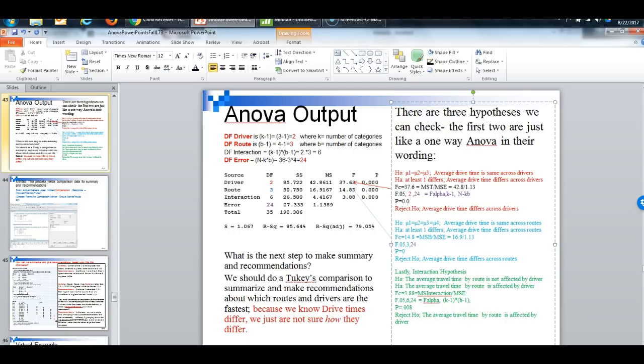And then the mean square error degrees of freedom are N minus K times B. So K minus 1 is 2 times 3 is 6. If you don't feel like memorizing this, although it is nice to have in case you need to know degrees of freedom at some point for some multiple choice question, I would think you could just look up here, 6 and 24 degrees of freedom in this hypothesis. 6 and 24, that's what you get credit for. You don't actually have to look it up in Google. P-value 0.08, reject. The average travel time by route is affected by driver.